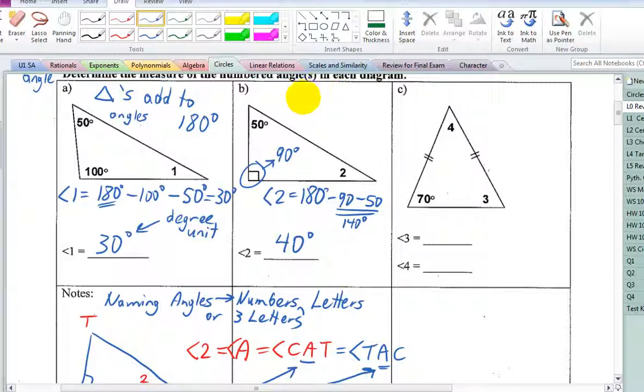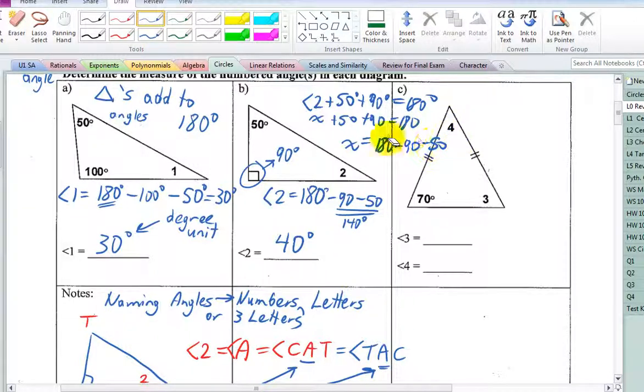Because you know that angle 2 plus 50 degrees plus 90 degrees must equal 180 degrees. So if this was the letter x, x plus 50 plus 90 equals 180, to solve it, x would equal 180 minus 90 minus 50. You'd solve for x. Okay? So you'd use subtraction.